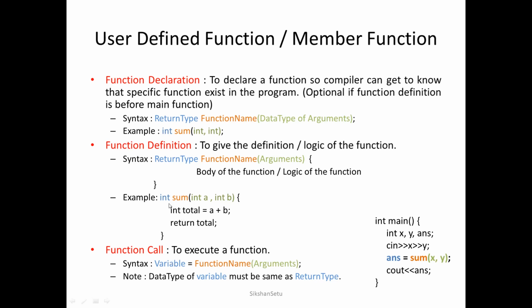If this function returns an integer, meaning total, then there should be some variable capable enough to take that. So the syntax is variable name, then assignment operator, and the function name and the arguments. We need to keep in mind that the variable's data type must be the same as the return type of the function.